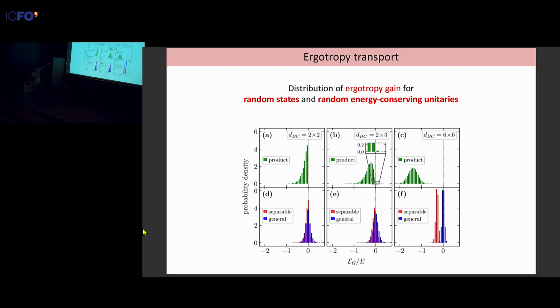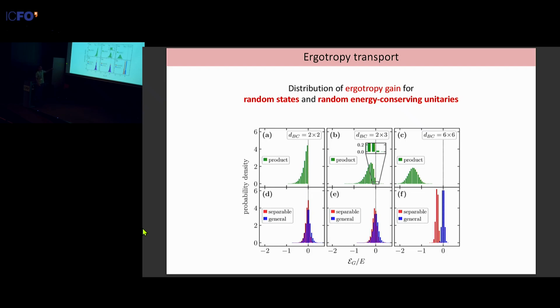When you have a bit larger system, like 2 times 3, then you have some positive ergotropy for product states, but most of the bulk is still in the negative. If you go to larger systems, the product states are going to be extremely useless with regard to ergotropy transport. Although you will have some positive values somewhere here, they will not matter.